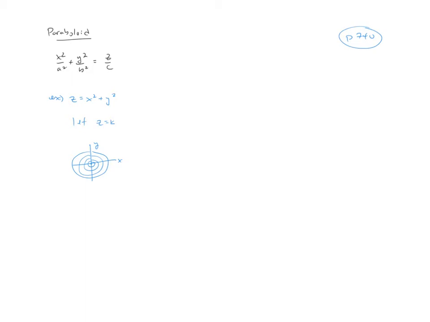All right, so now that's letting z equal k. I'm going to go a step further, and let's let x equal k. If x equals k, then what we're going to have is z equals y squared plus k. Okay? Now, think about that. I'm now in the zy plane, so I'm going to sketch that, and label things accordingly. This is going to be a y-axis and a z-axis.